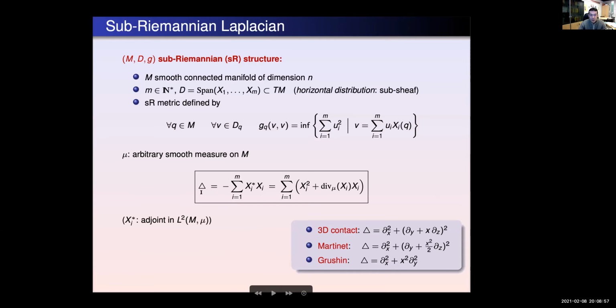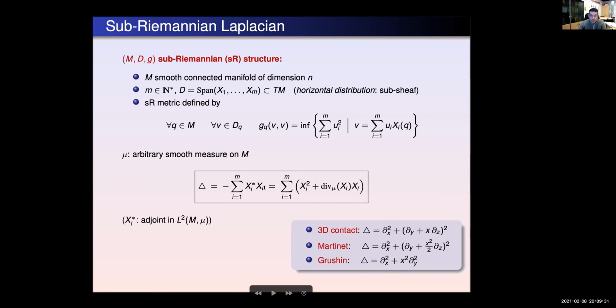Here we are given a smooth measure, mu, on M, which is completely arbitrary. We will see that mu plays absolutely no role in the spectral study. And delta is defined as the sum of squares of the vector fields. For instance, the Grushin Laplacian is defined as the square of d_x plus the square of x d_y. Okay, so this is the sub-Riemannian Laplacian.